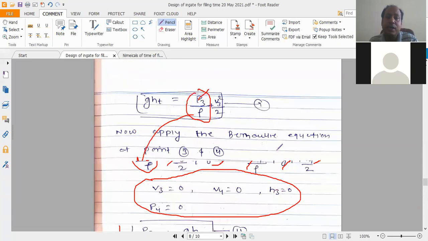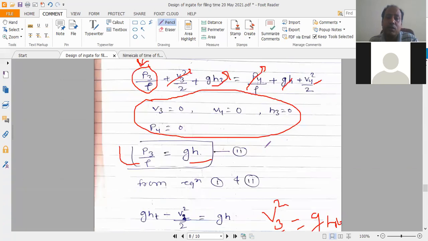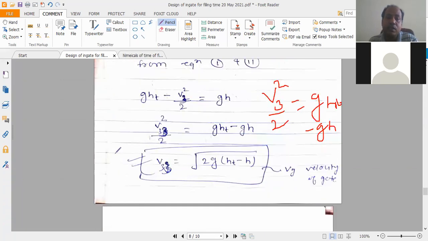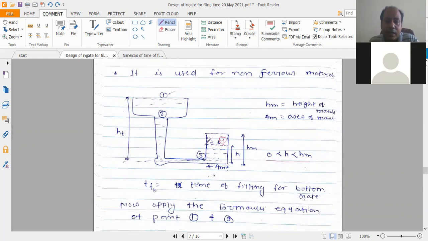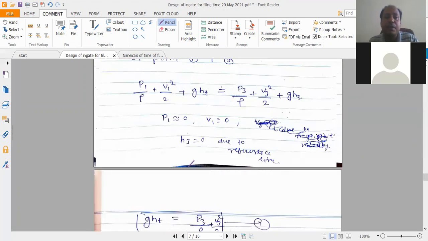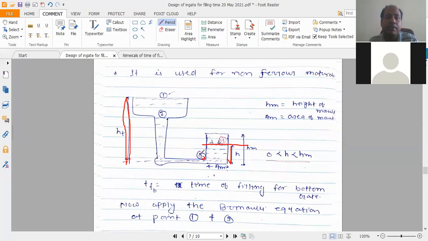I have already told you that the velocity v3 is equal to root under 2g into (ht minus h), because the velocity at point 3 depends on the differential height of these two heads. So the velocity will be based on the differential height of ht and h.